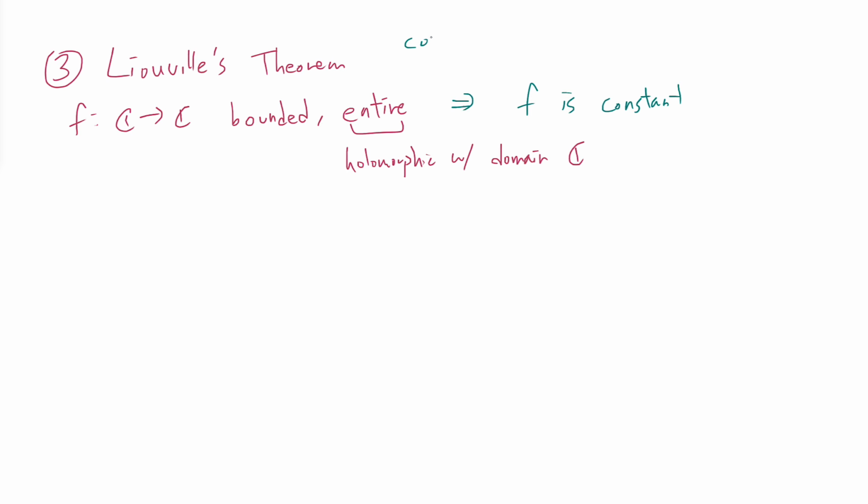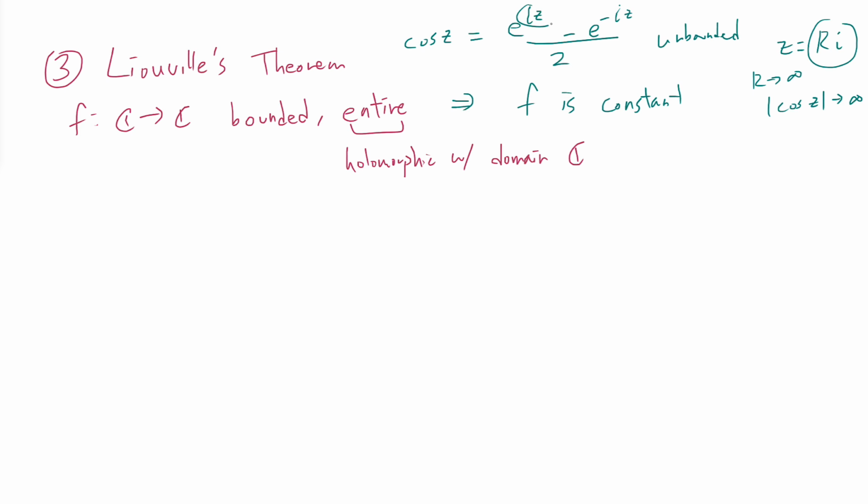In fact, if you define cosine of z the usual way for the complex numbers, as e to the iz plus e to the minus iz over 2 using Euler's formula, you can see that this is actually unbounded. Because you can just let z be r times i. Then as r goes to infinity, absolute value of cosine of z should blow up. Because when you plug in ri, that's e to the minus r, which goes to 0, but here you have e to the plus r, and that blows up.